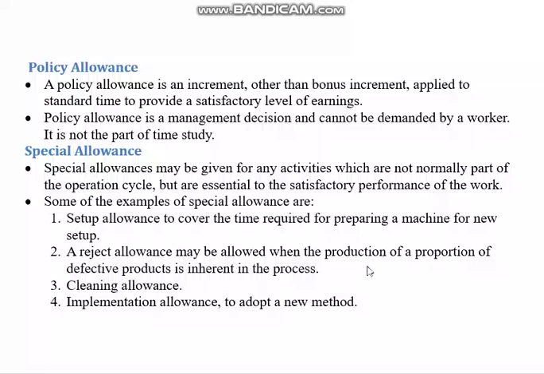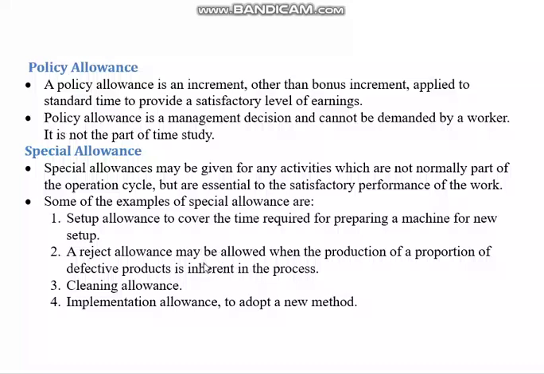Then a reject allowance may be allowed when the production of a proportion of defective products is inherent in the process. Suppose the raw material that you got is not of good quality, because of which some components are getting rejected.